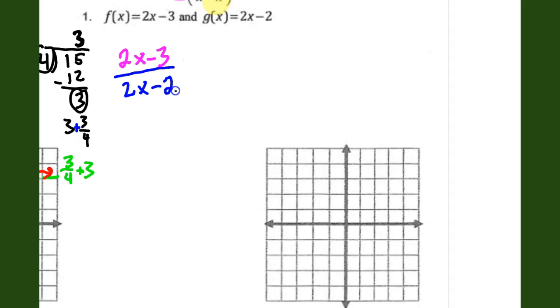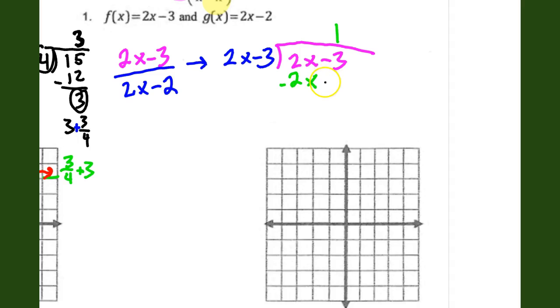Okay. 2x minus 2 divided into 2x minus 3. So this goes 1 time. Negative 2x. Why did I do that again? Oh my gosh. That's a 2. Get positive 2. Negative 1.